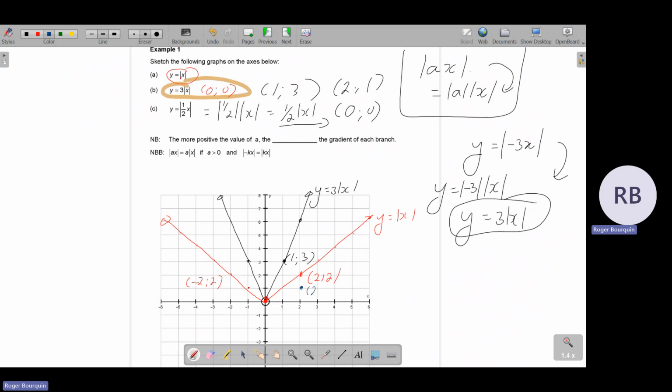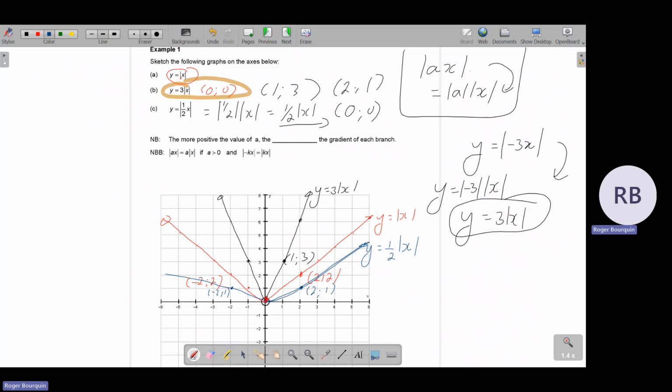And if it goes through 2, 1, what's another point it must go through? Negative 2, 1. Good. And if I draw it, that should be a straight line, sorry. So this is the graph y is equal to a half the absolute value of x.